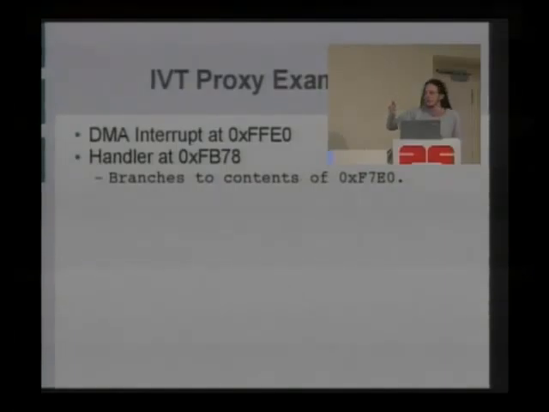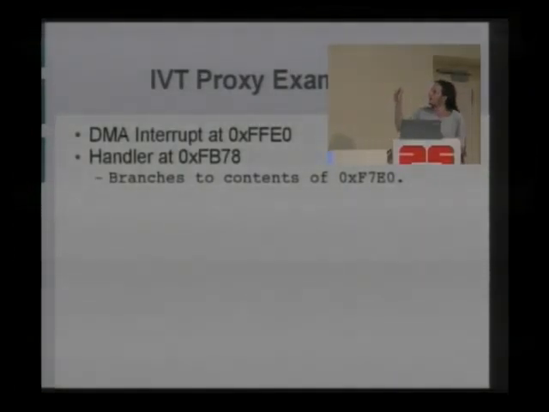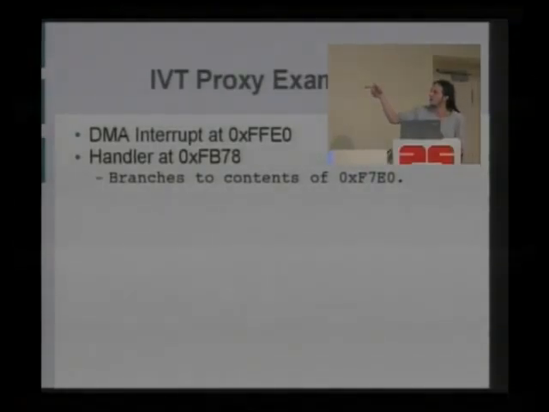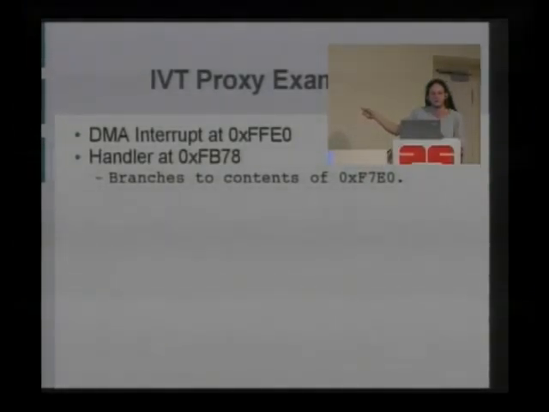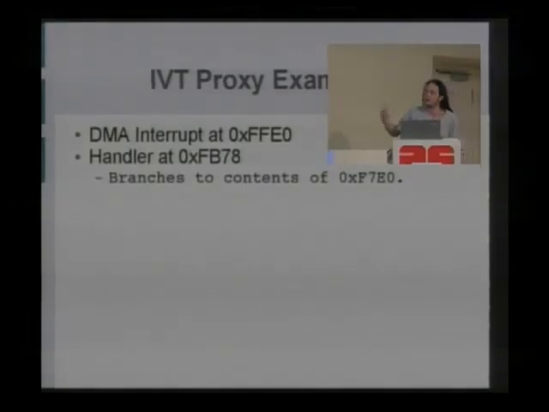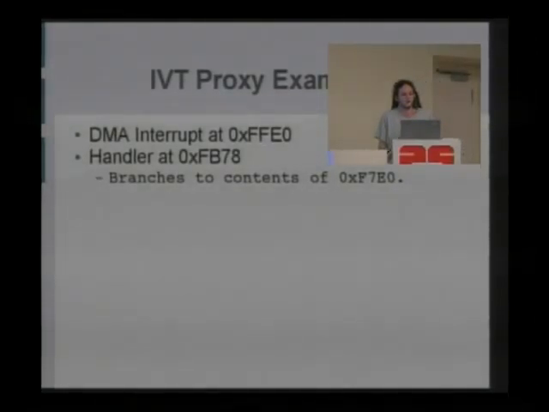This could be anywhere within the upper region. But it branches to the contents of F7E0. So for almost every interrupt, there's only one exception, it just takes the address that everything should be at, and it subtracts a couple hex from it. So FFE0 becomes F7E0. FFE2 becomes F7E2.